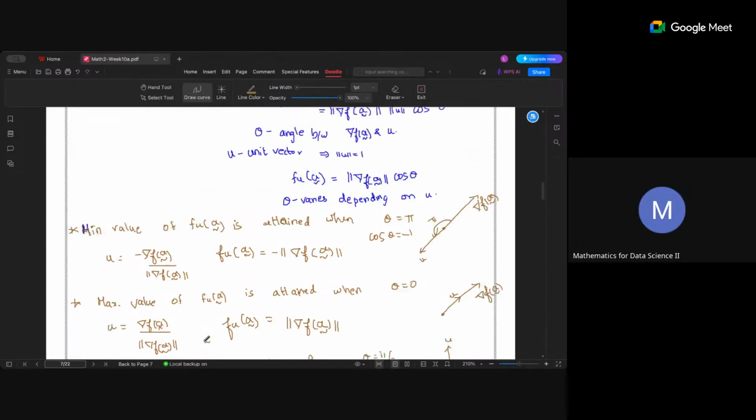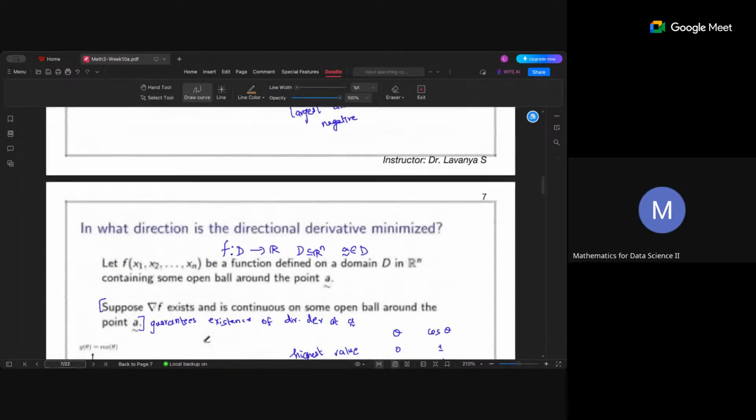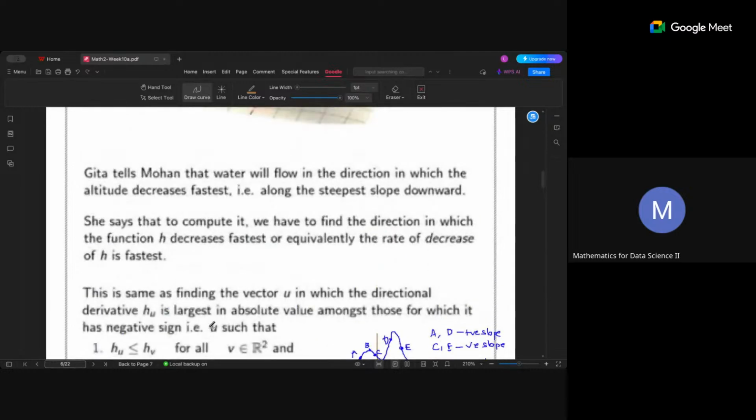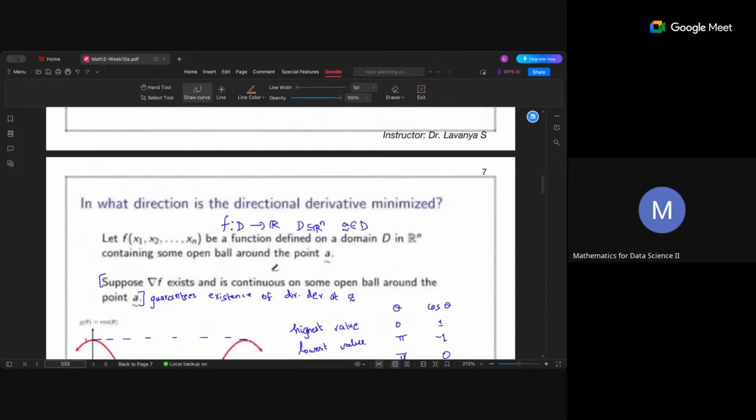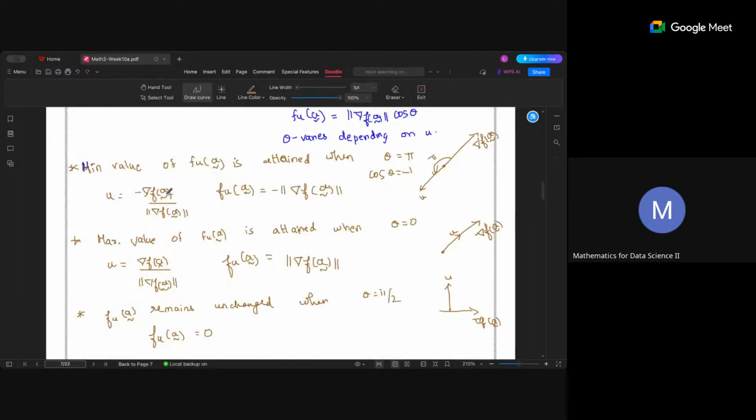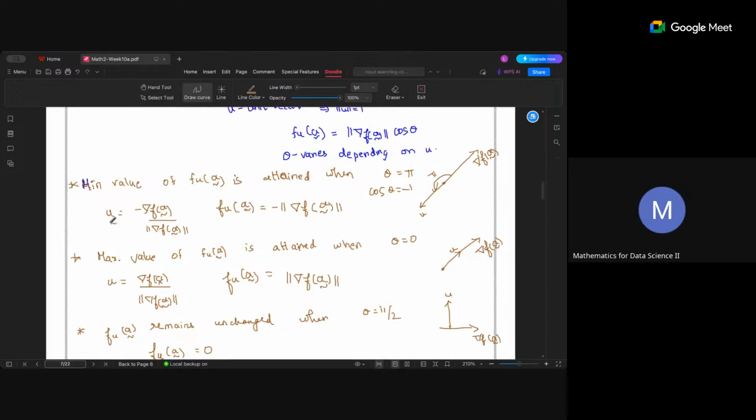Right? So far, did you understand what we have done? So we considered one particular example to understand how this rate of change, that is the directional derivatives part, is used. To understand where the directional derivative increases fast, decreases fast, or remains unchanged, we used this mathematical concept.